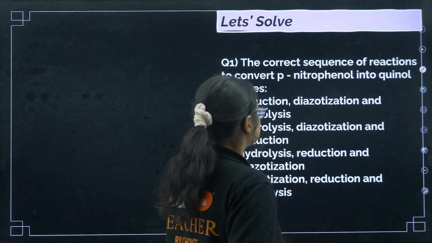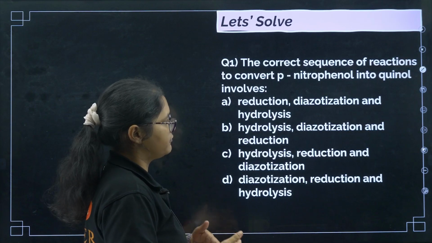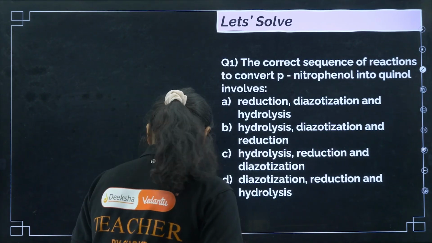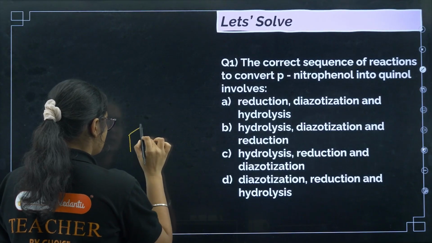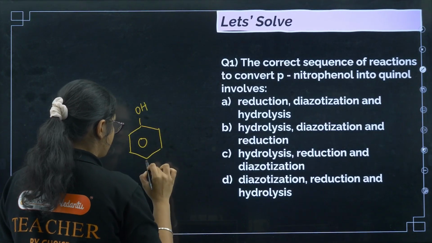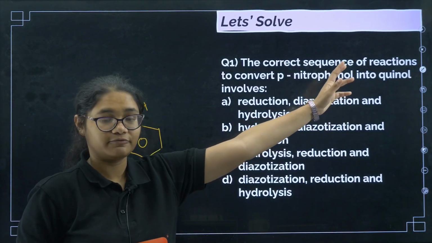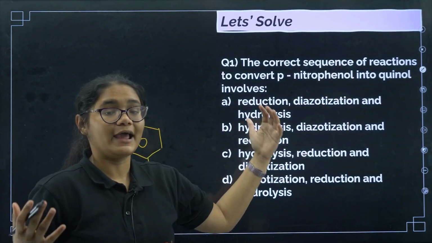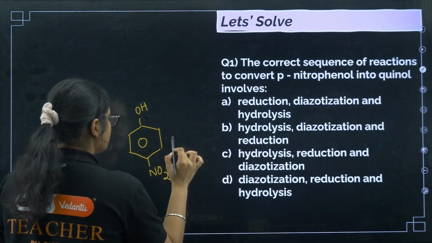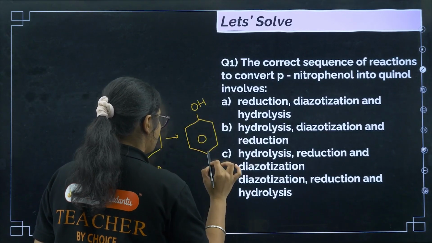Next, the correct sequence of reactions to convert para-nitrophenol into quinol involves what? See, how will you know the structure of quinol? When I discussed alcohols, phenols and ethers, I discussed what quinol is. Quinol is two OH groups at para position.